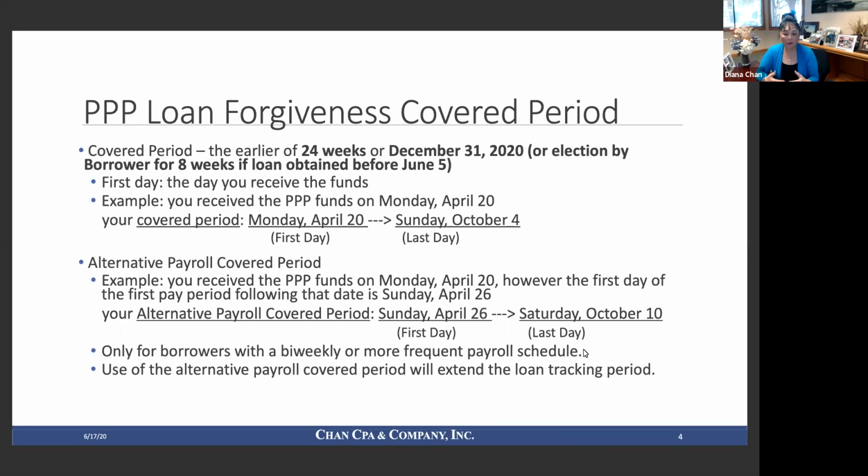So it's only going to affect you to choose an alternative covered period if you had biweekly or weekly payrolls. Now, please note that this is really important because it only affects payroll, that you can utilize the payroll biweekly period as the beginning of your start date for the loan. And then you can continue forward for that 24-week period of time.